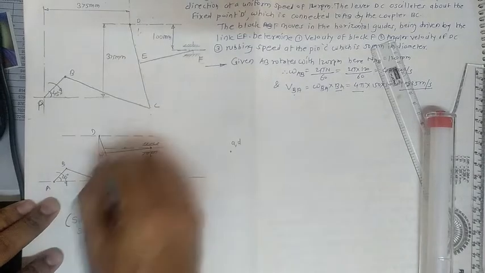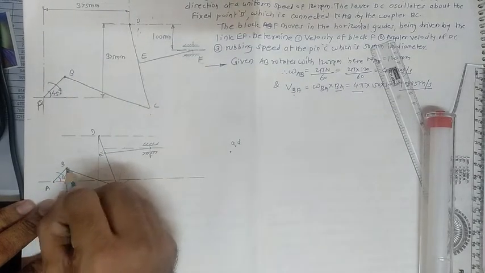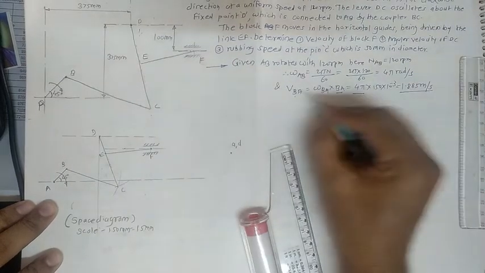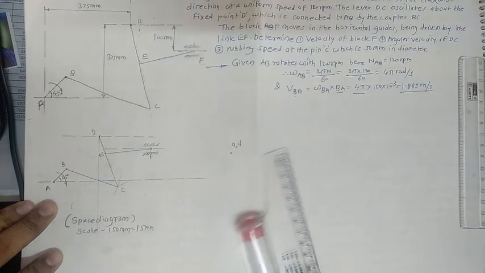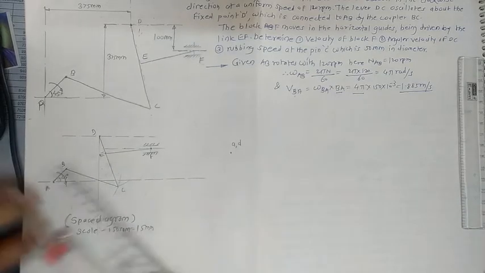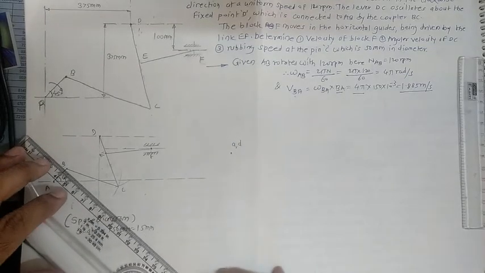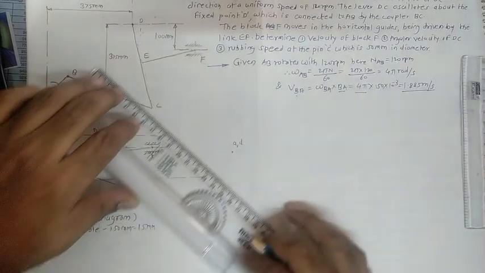Once the name AD is given, now move towards this one. What about the AB? Here the linear velocity of AB is already with us, 1.885. For that, let us assume a suitable scale. Here I'll assume 50 mm. So draw one line parallel to this one whose length is 50 mm.